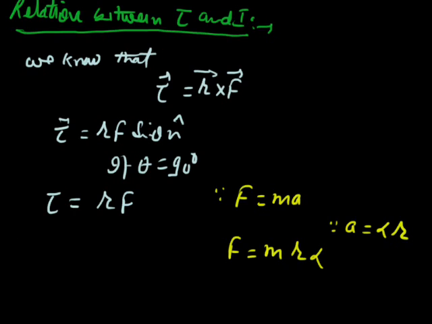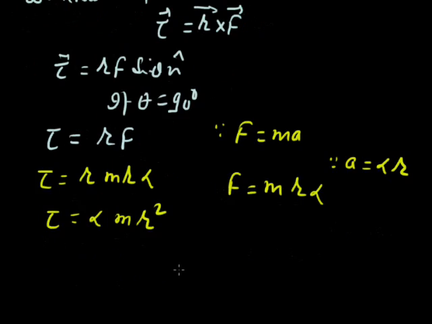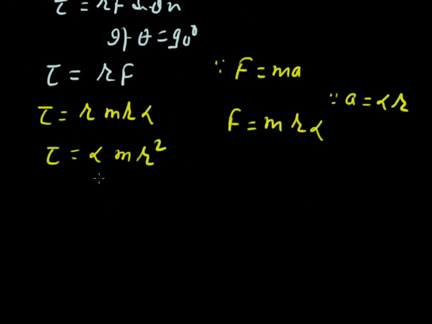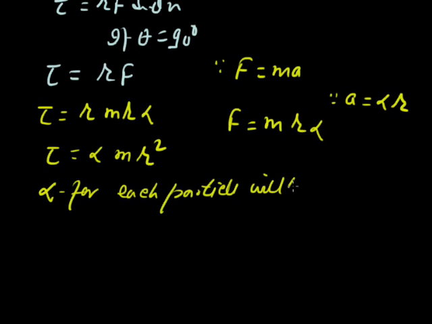So we can write tau will be r, m r alpha, or tau will be alpha and m r square. In rotational motion, an object is rotating about an axis, then alpha for each particle will be same, as angular velocity is same.